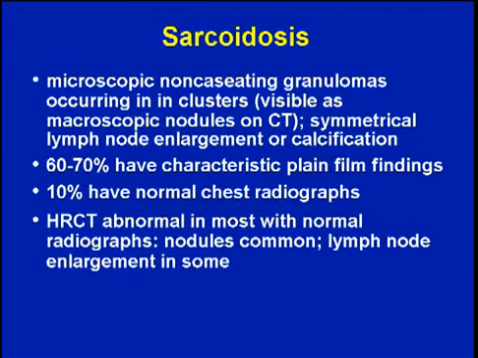Usually in that situation, nodules are seen on high-res CT. Lymph node enlargement occasionally seen, but many patients with normal chest films and abnormal HRCTs in sarcoid don't have adenopathy.